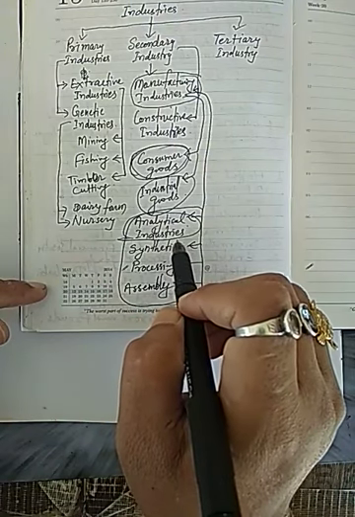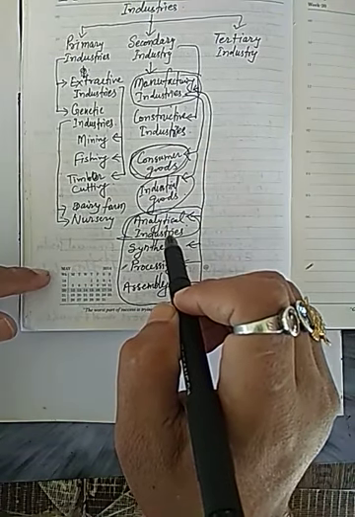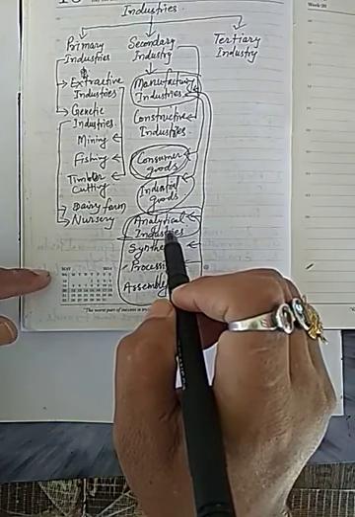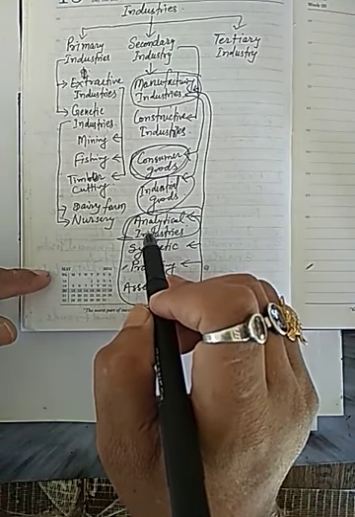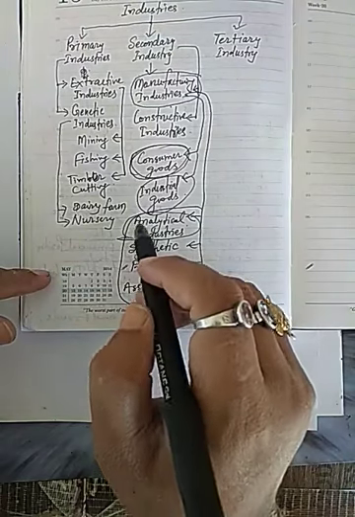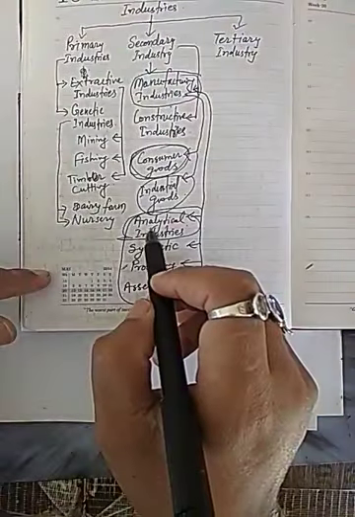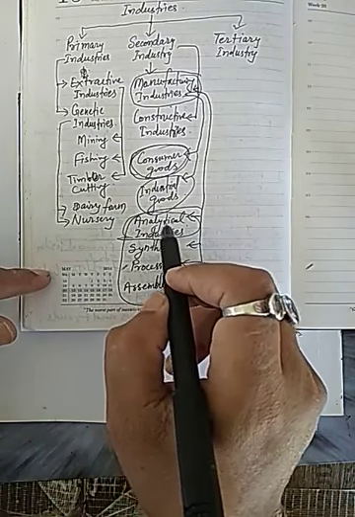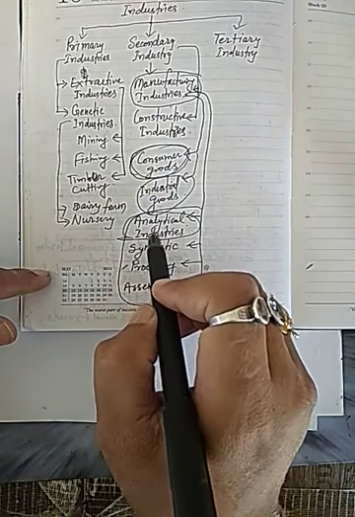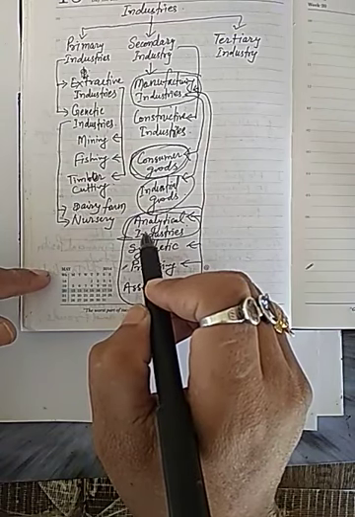For example, crude oil is processed and many finished products such as petroleum, diesel, kerosene oil, gasoline, etc. are manufactured. This is the best example.